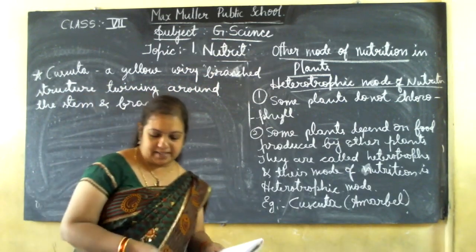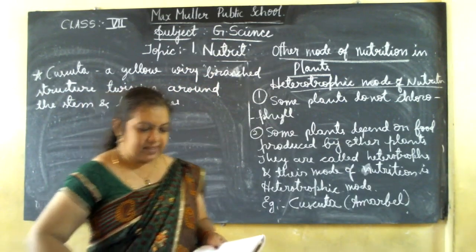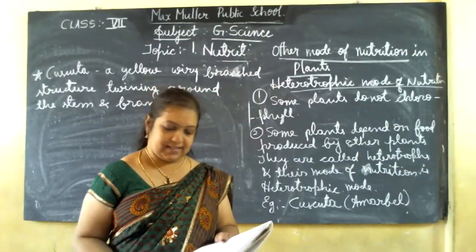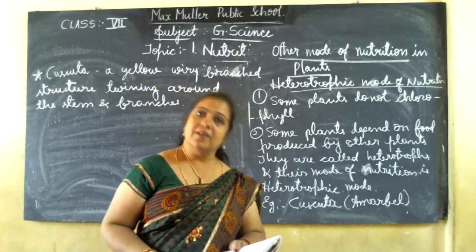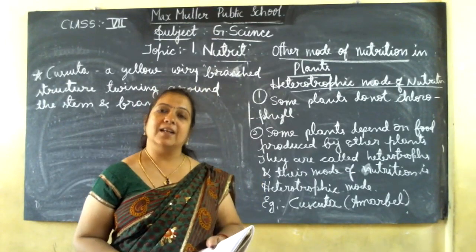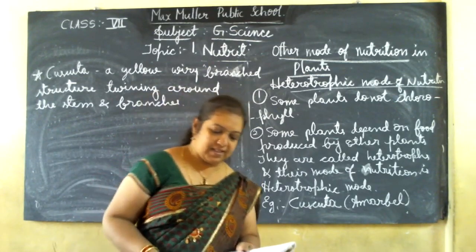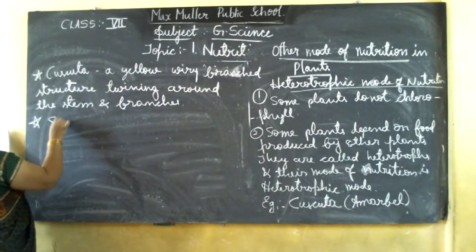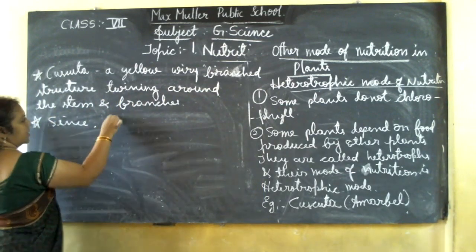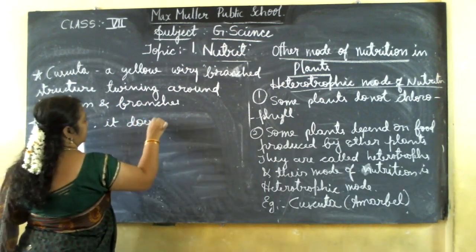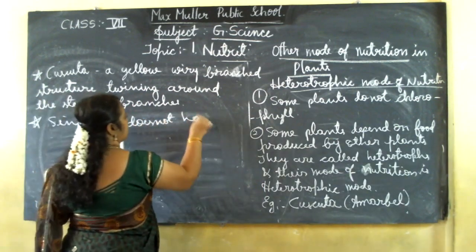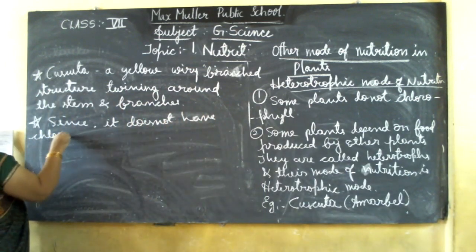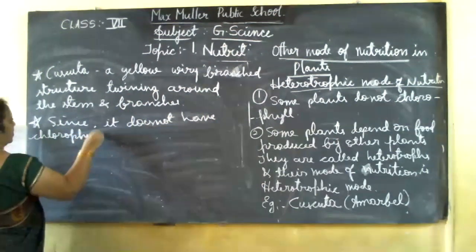So like that this Cuscuta will be, and it does not have chlorophyll, that's why it depends on others. It is eating the ready-made food which is prepared by the other plant. Since it does not have chlorophyll, what happens?